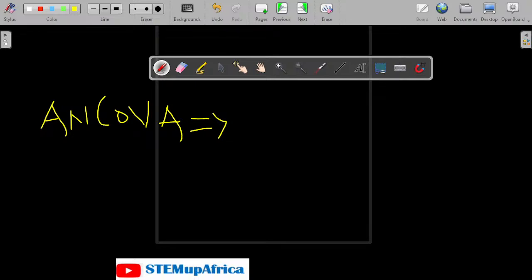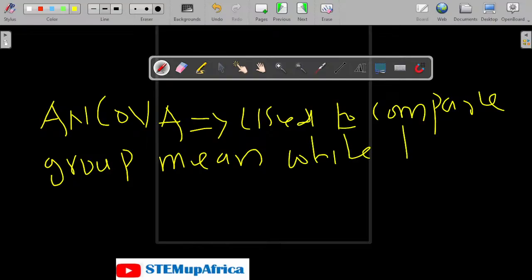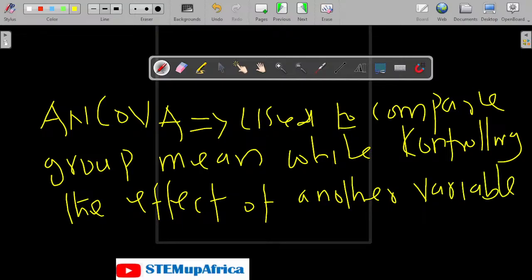The ANCOVA is used to compare group means while controlling the effects of another variable. That is what the ANCOVA is used for.